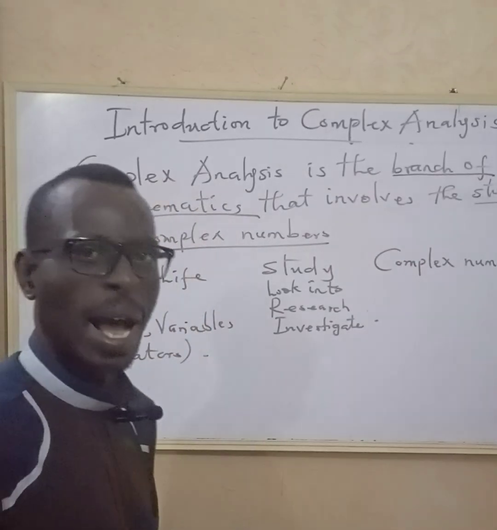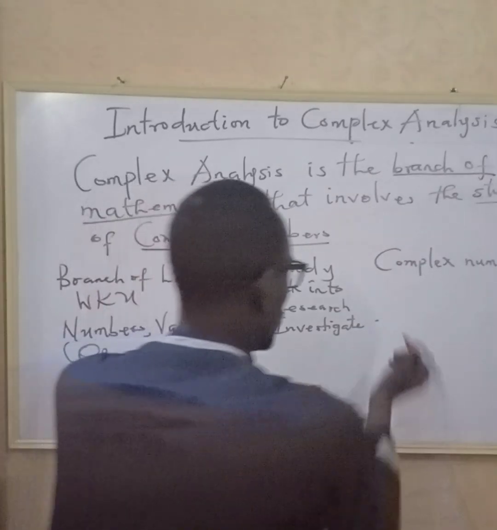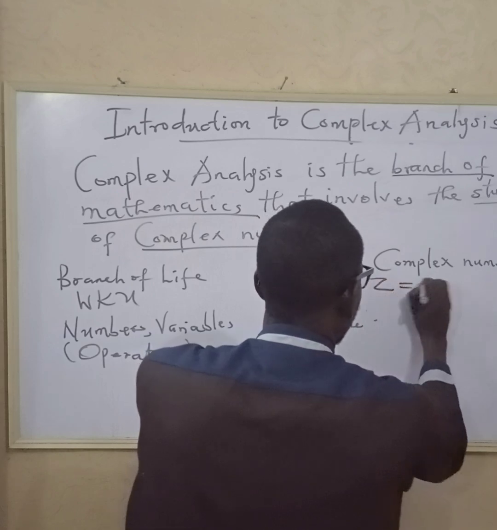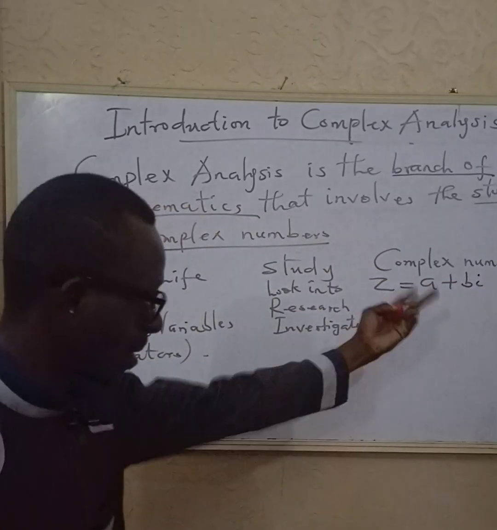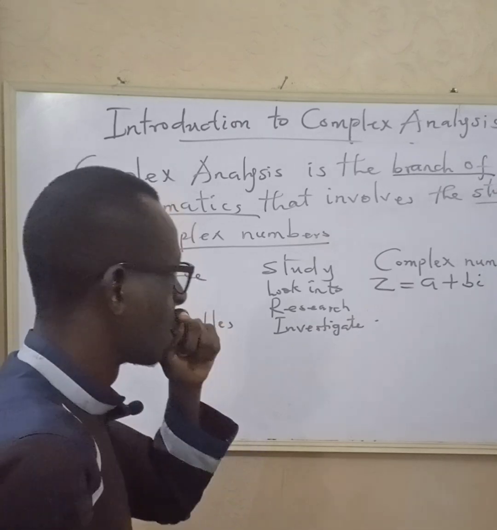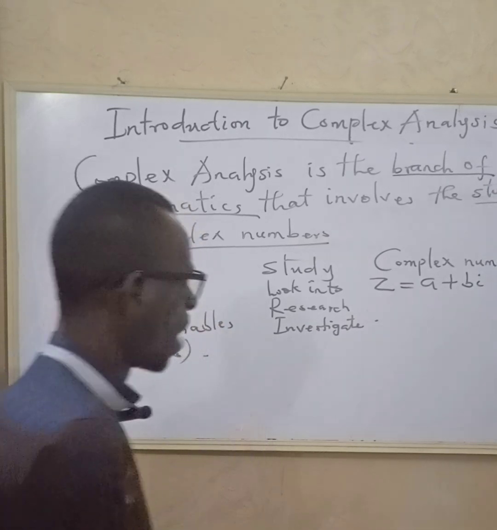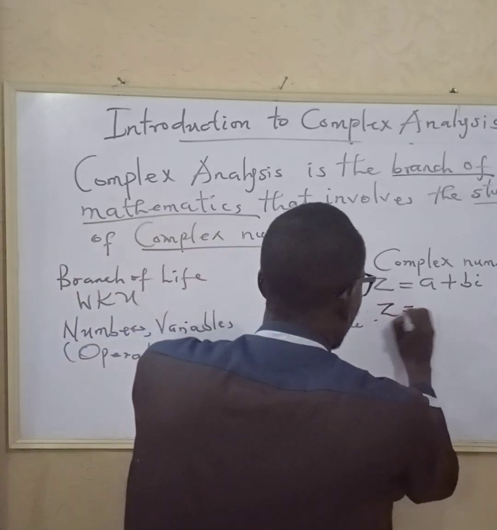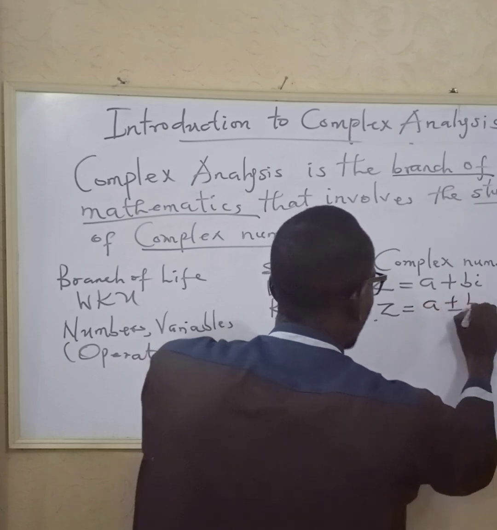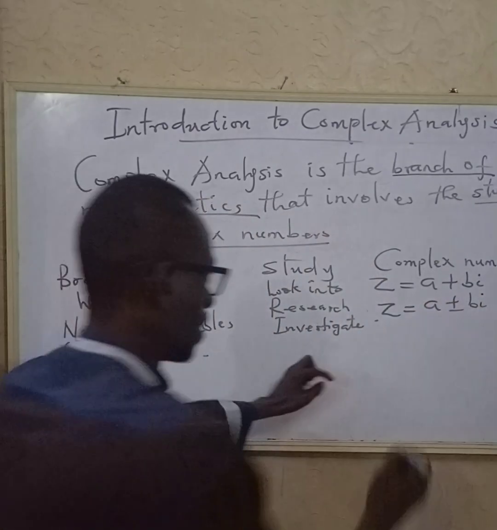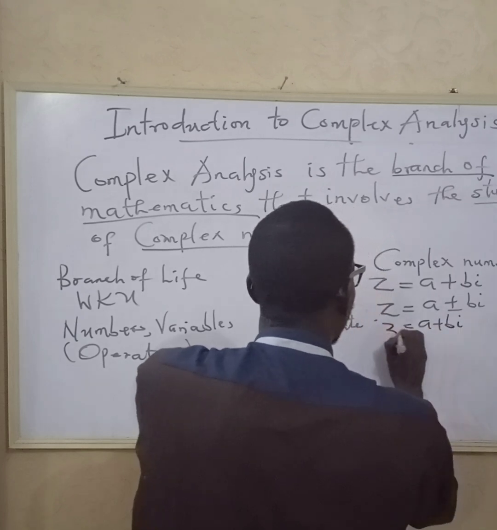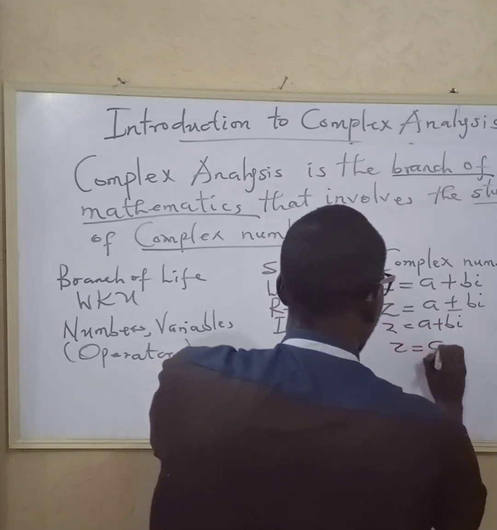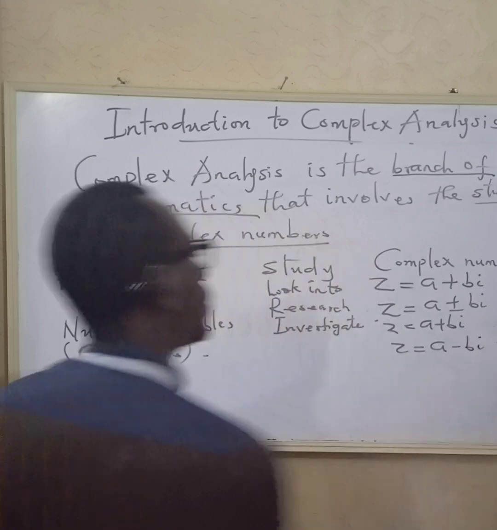And the complex number has a mathematical representation: Z equals A plus BI. That is the basic mathematical expression. And I have added that Z can be A plus or minus BI, because it's either A plus BI, and Z can also be A minus BI.